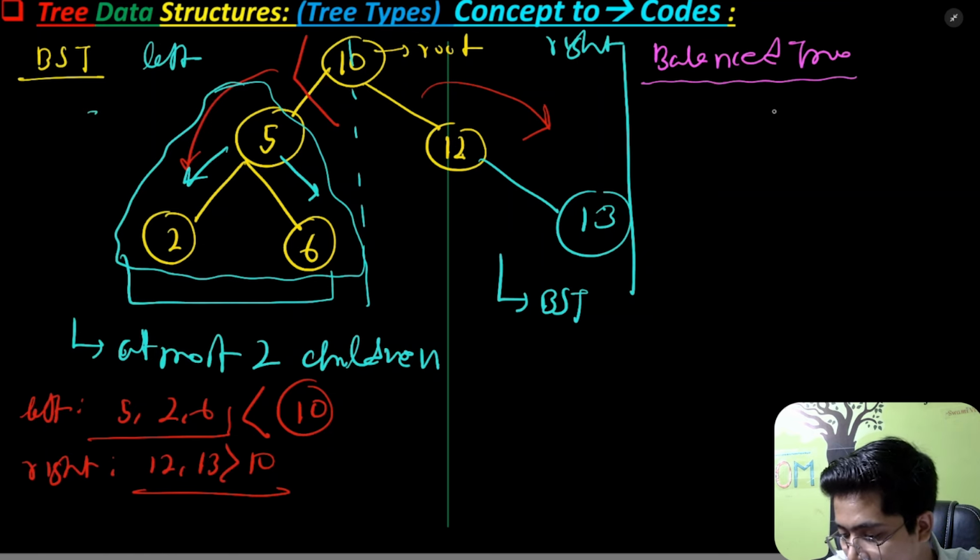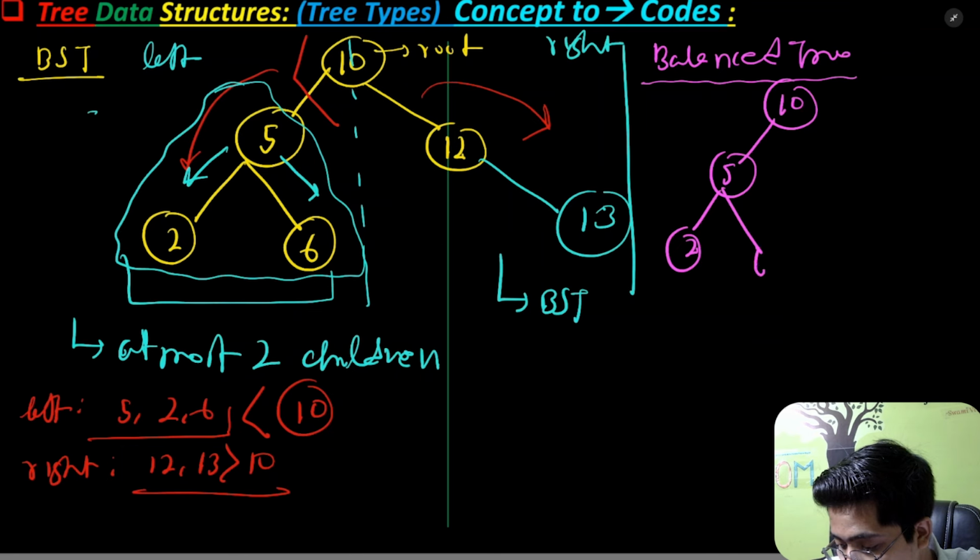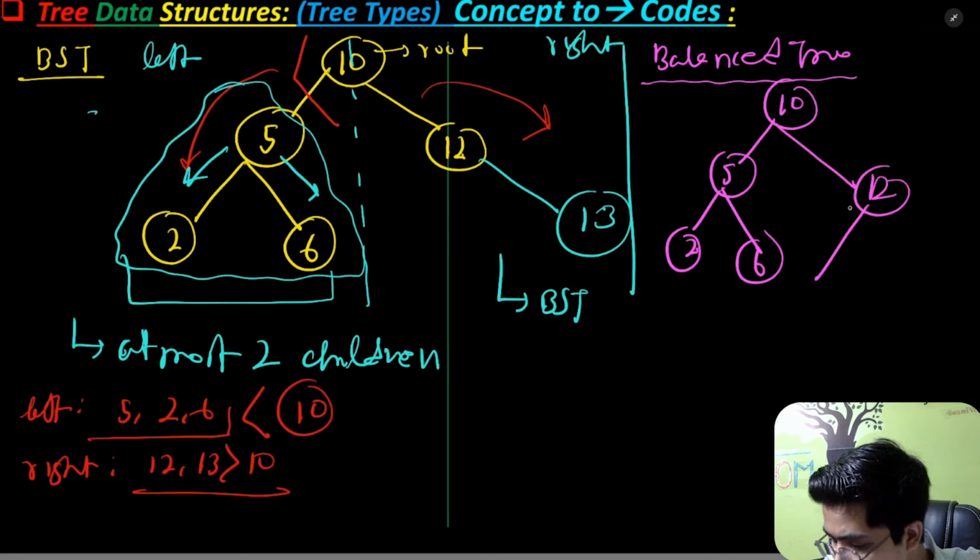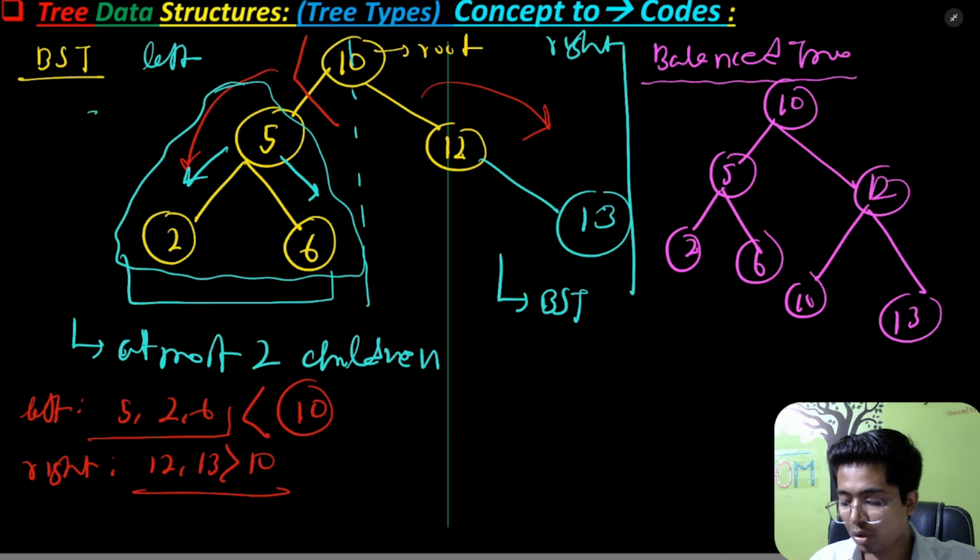So let's take our example 10, 5, 2, 6, 12, 11, 13. So this is also a tree, but the drawing is not good.